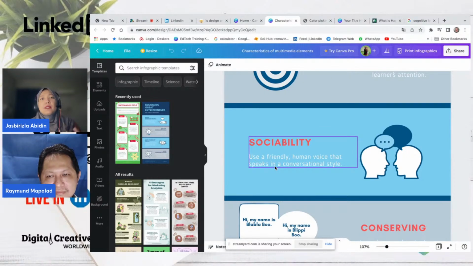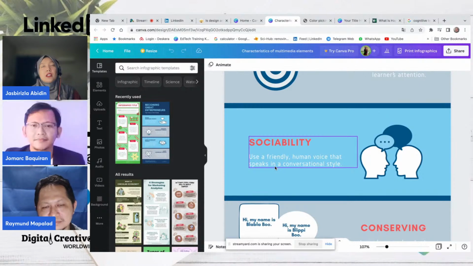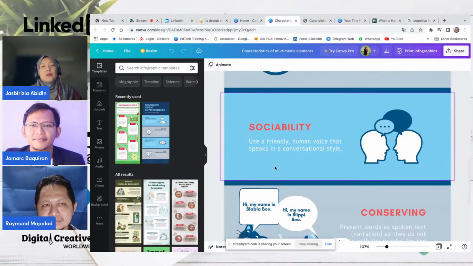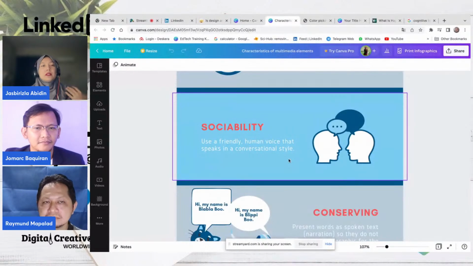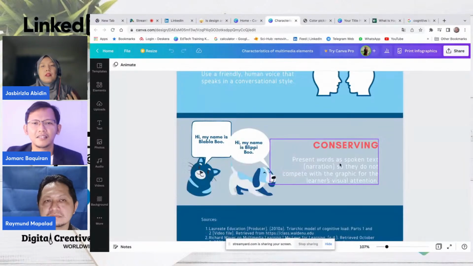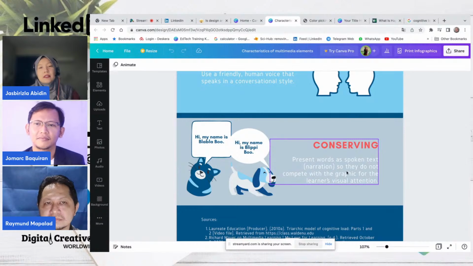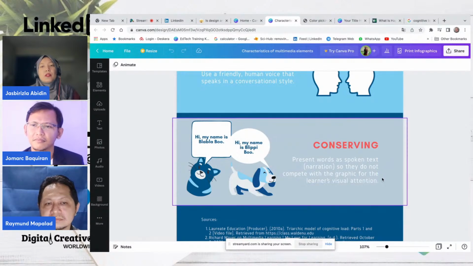It looks like common sense, but we don't usually implement it often, because sometimes we don't know whether it's going to be impactful or not. But it turns out even science agrees that all these are important. And then present words as spoken text, so they do not compete with the graphic for the learner's visual attention.